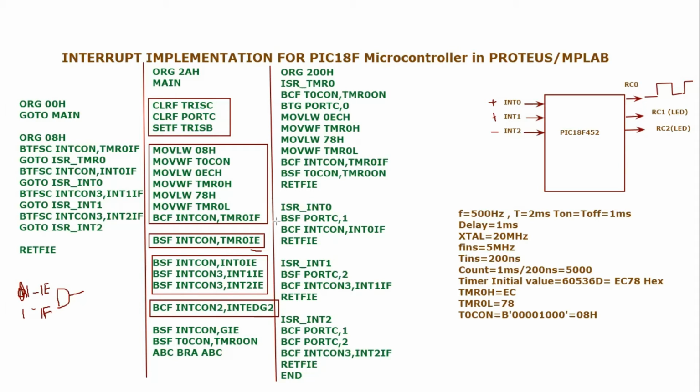So what I'm doing, I'm making this INTEDG2 bit 0. So what I'm writing is bcf interrupt control comma INTEDG2. It is just to make this interrupt 2 negative edge. So now interrupt 2 will provide an interrupt when we have a negative edge on it, right? So this is just for this purpose.